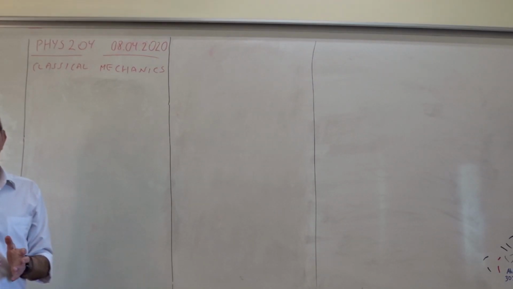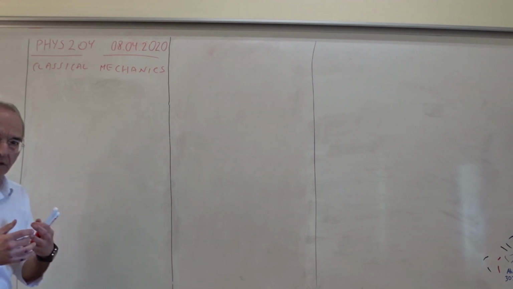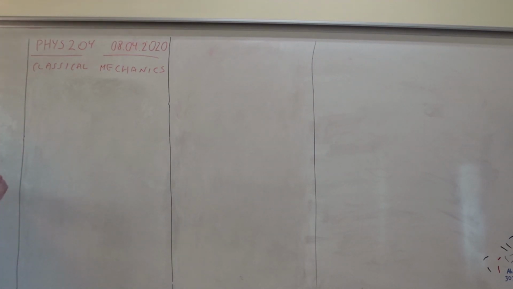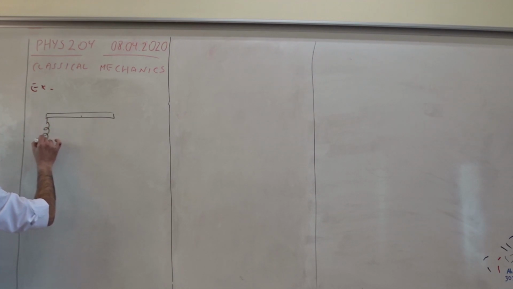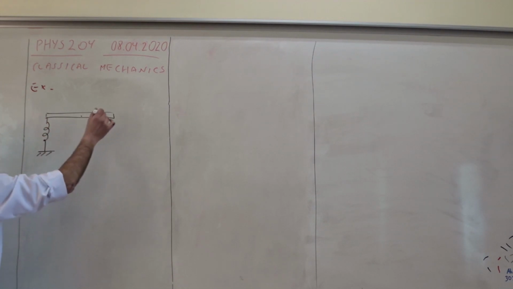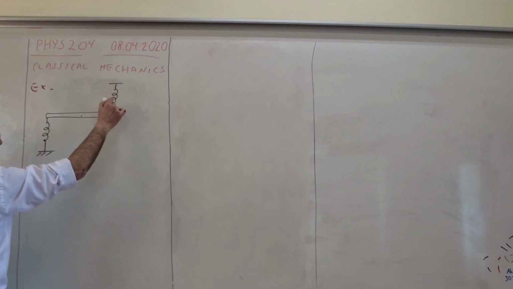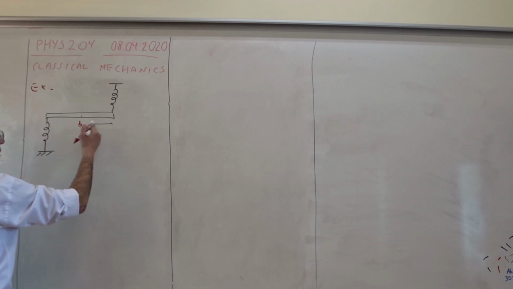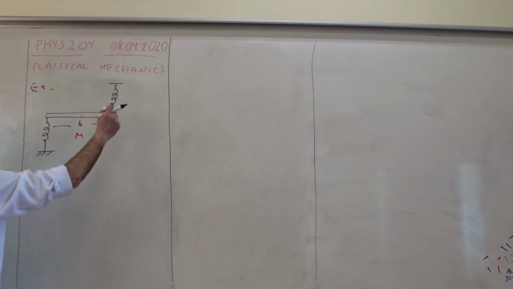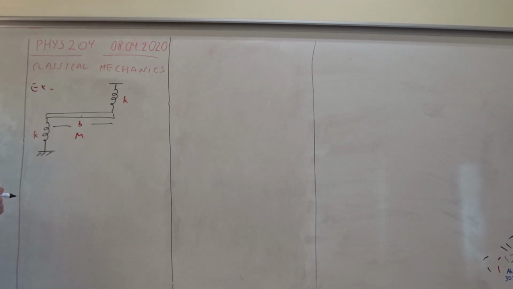Now in this part, let's solve some examples so that we get used to the topic better. For example, let's have a rod placed on top of a table, with two springs attached to its ends. So this is b, the length of the rod, m is the mass, and k is the force constant of the spring.